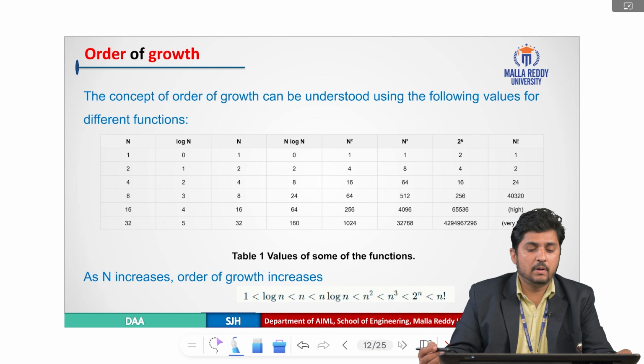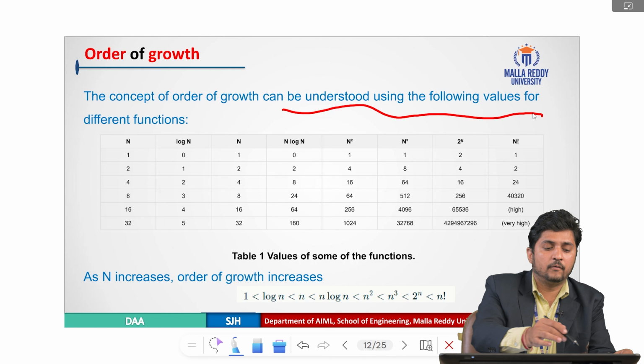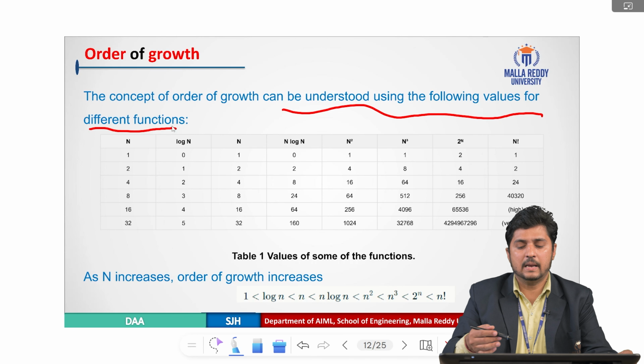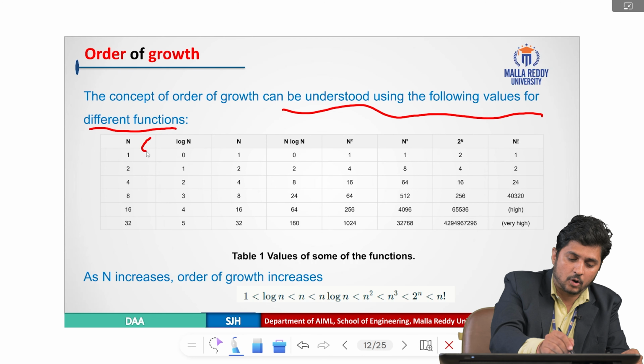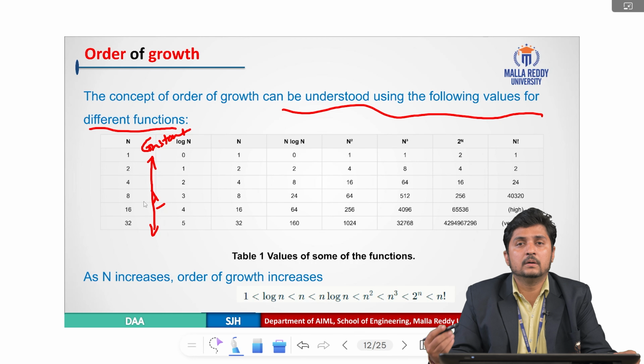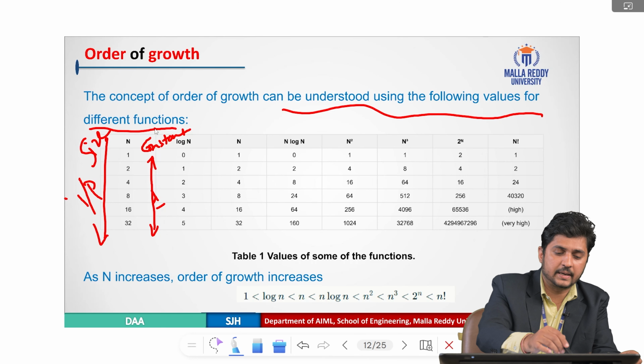Now here we will see the order of growth. In order to understand different functions, we will see a chart here. We start with a constant class, where for all input sizes the time remains the same. This axis is the input size for our algorithm, and these are the different categories or classes of our order of growth.